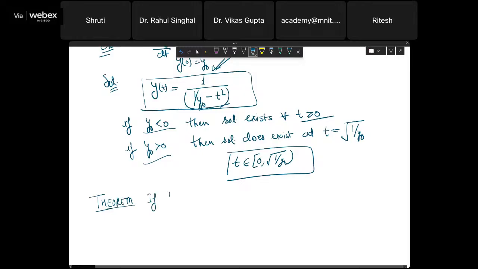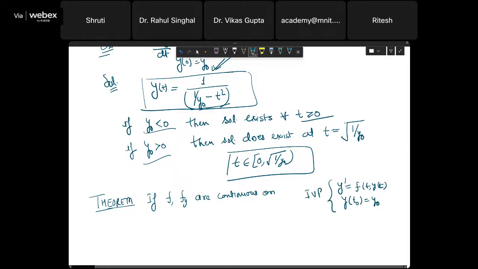if the function f and f sub y are continuous functions on some interval. So first of all, let me tell you what problem I'm considering. Just now I wrote y dash is equal to f of t, y of t, and with initial condition y at t naught equals y naught is my initial value problem.